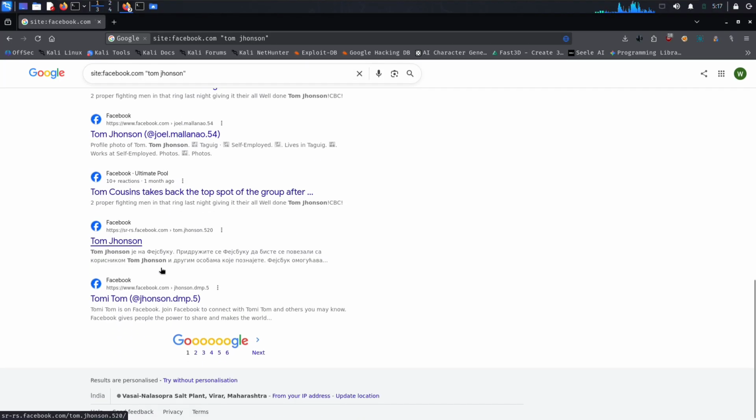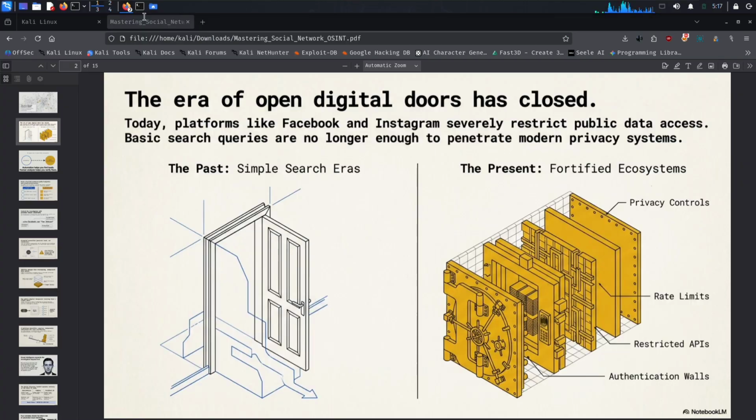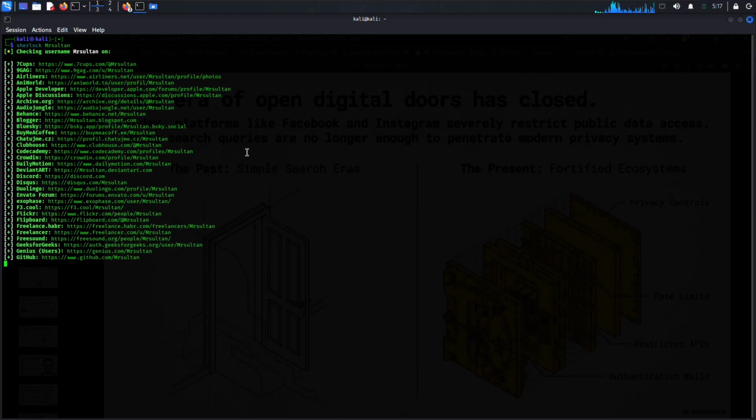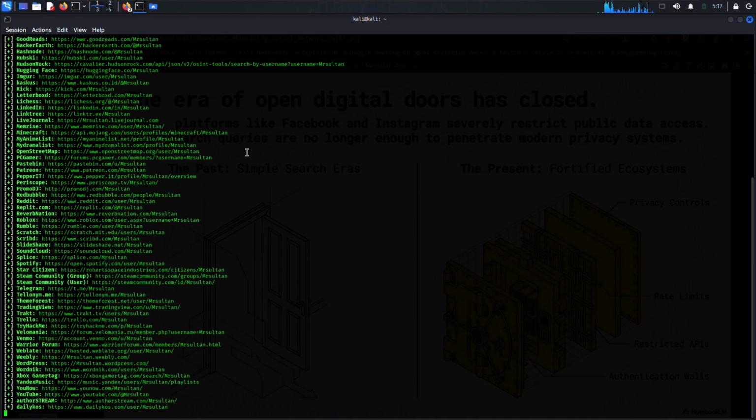What about Sherlock? You can also use a tool like Sherlock for username enumeration. Sherlock can automatically search for a username across many websites and tell you where that username appears to exist. That can be useful for quickly generating potential leads. But here's the important part. Sherlock's results should never be treated as confirmed evidence.